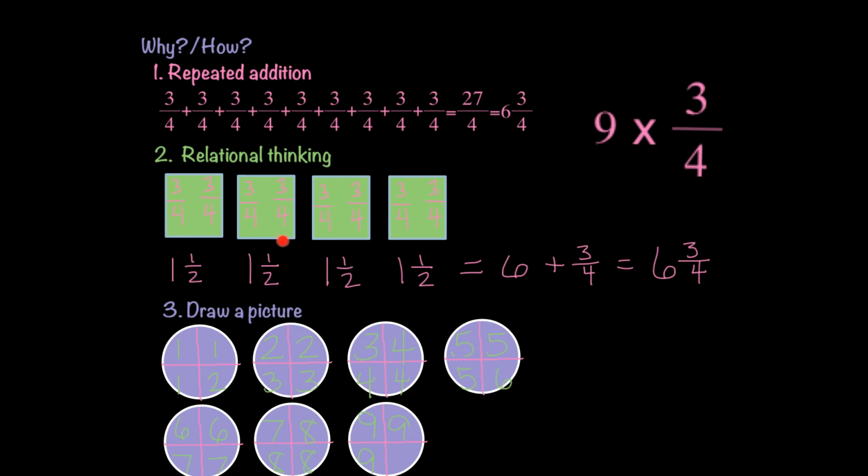So that would be these 4, right? 1 1/2 plus 1 1/2 is 3. Then 8 of those, which would be all of these, would be equal to 6. And then we have 3/4 left over, which is what you see here. So my final answer would be 6 3/4.